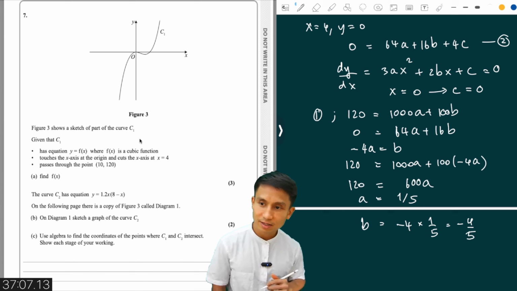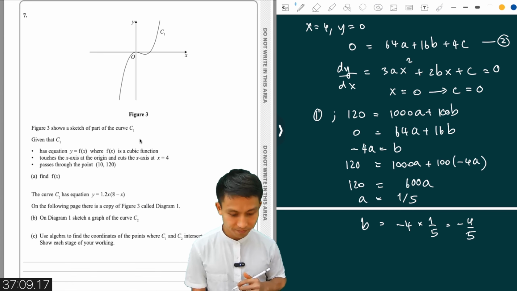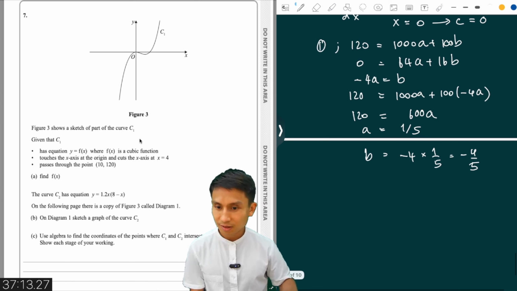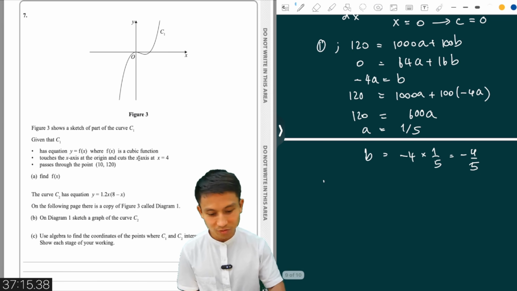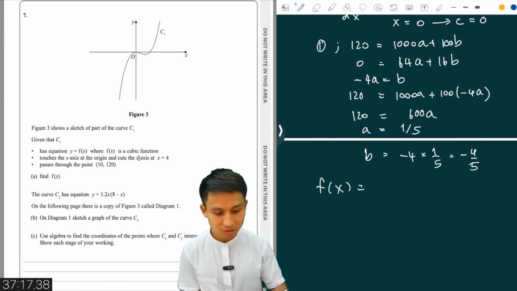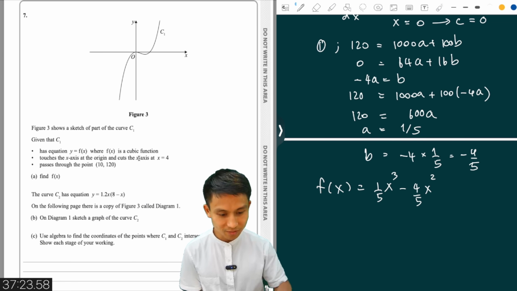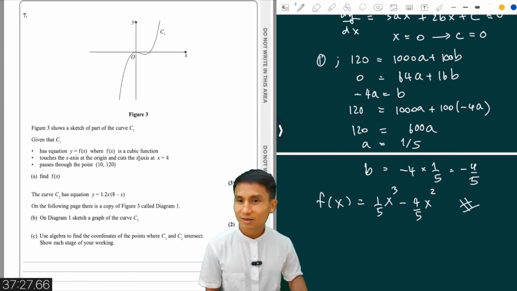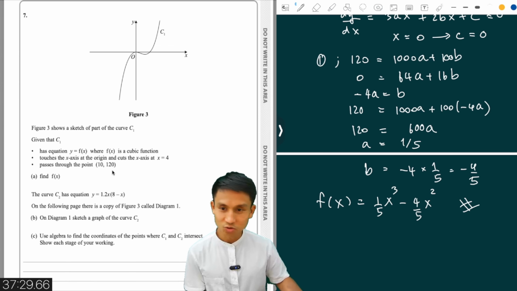That should be easy peasy, and that's it, we got everything. So f(x) equals ax cubed plus bx squared, c is 0, and d is 0. And that is it.